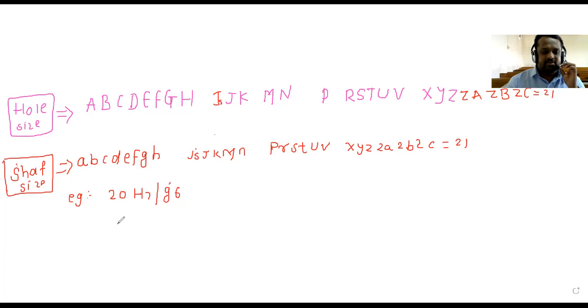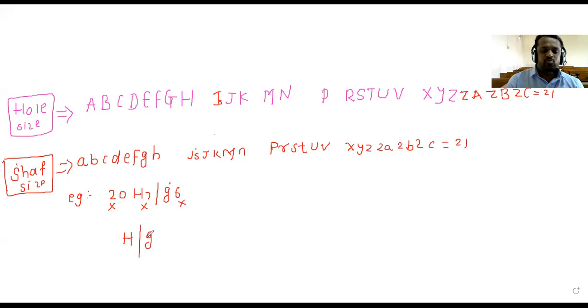But in this technique, to identify the fit, this 20 is not required, that 7 is not required, that 6 is not required. Only the capital H slash small g, those two parts are required.